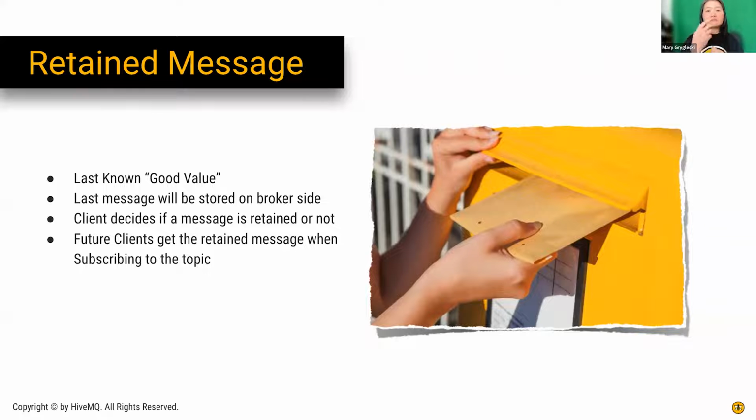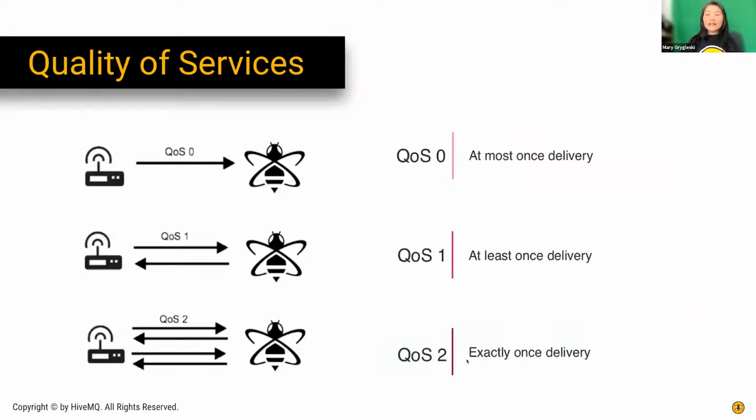It helps speed things up, and that's the main purpose of it. Again, it's managed by the broker and indicated by the client that, okay, I want this retained. Then it gets delivered when the next client connects or subscribes to this topic.